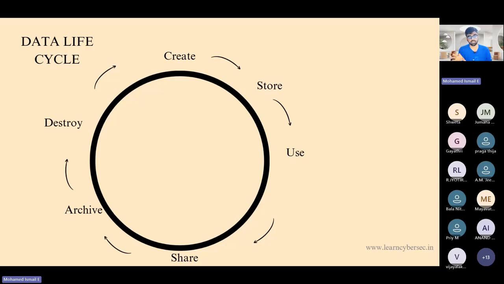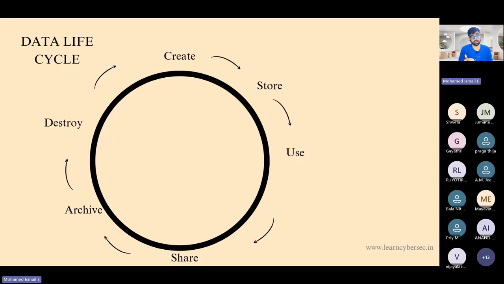Just keep this image in mind. When data gets created, these are the stages data travels through. It won't be necessary or mandatory to follow all these stages. I may take a phone and take a picture, and I can delete it immediately. So create and archive can happen straight, right?